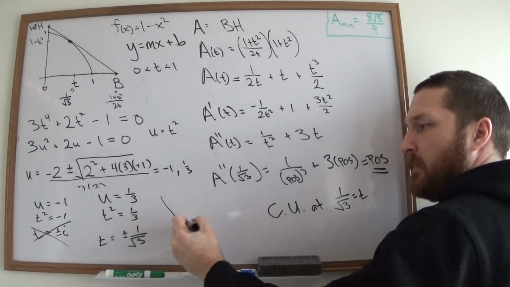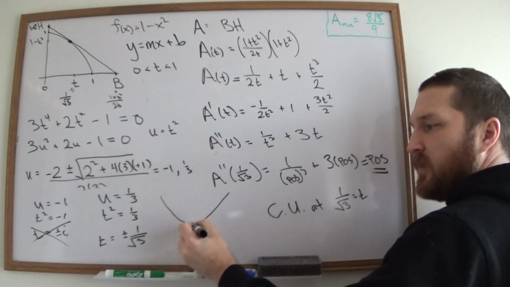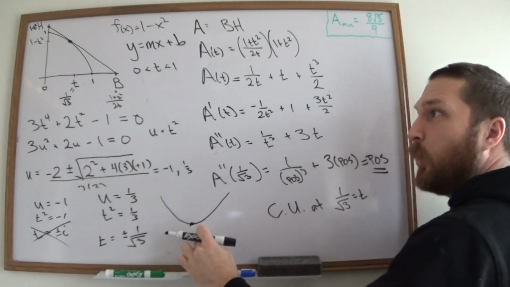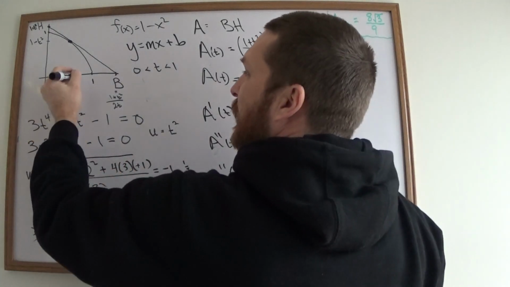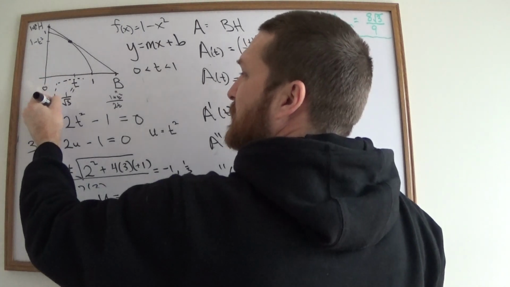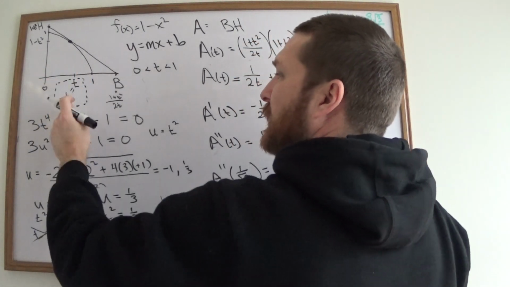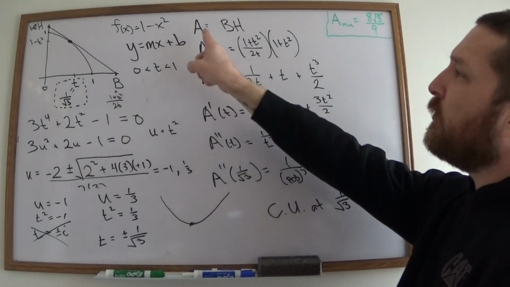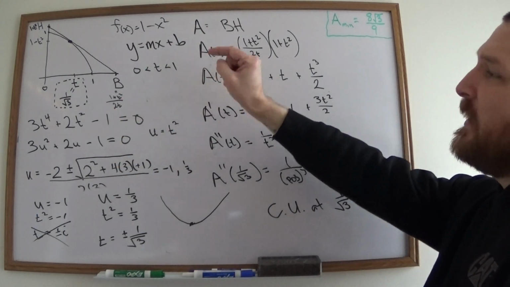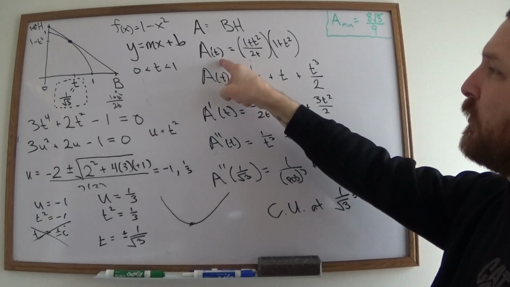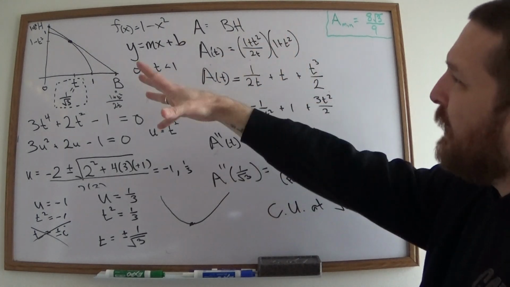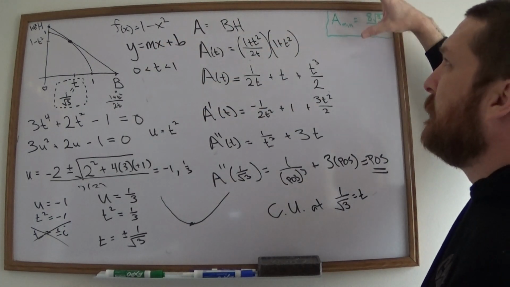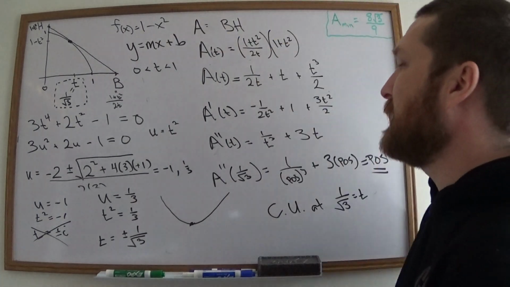Concave up looks like a cup, so it must be a local minimum. So t equals 1/√3 is indeed a local minimum for our area function. Therefore, plug 1/√3 in here and you'll get the actual minimum area.